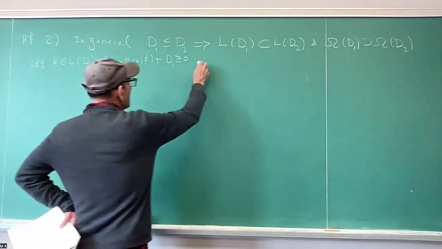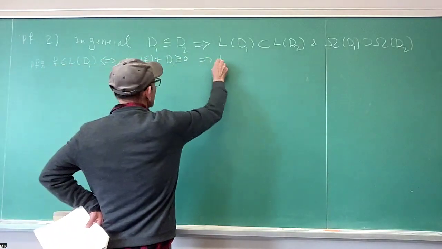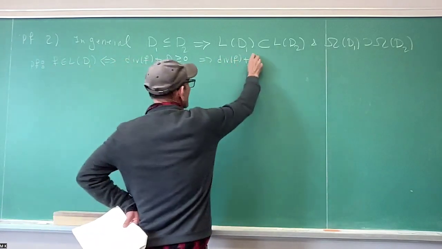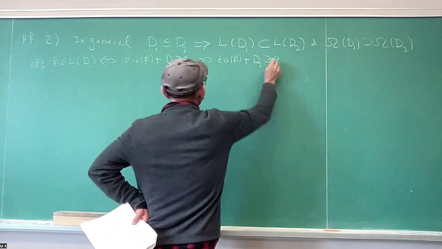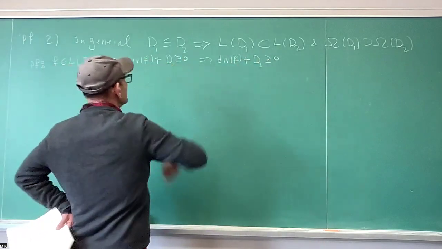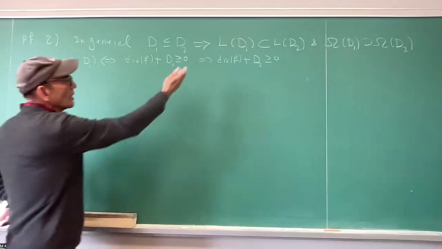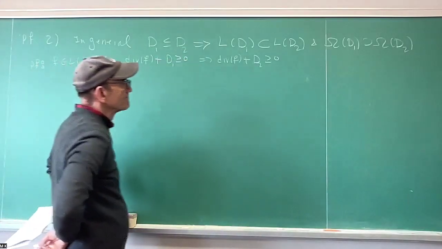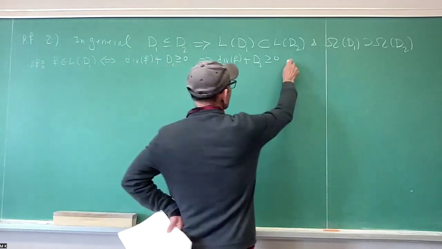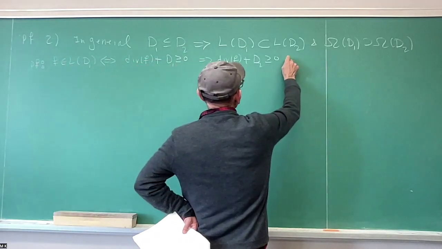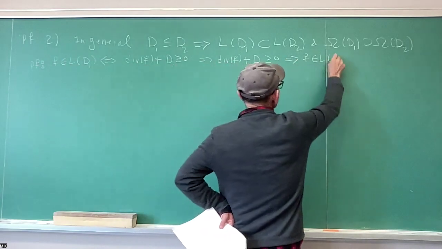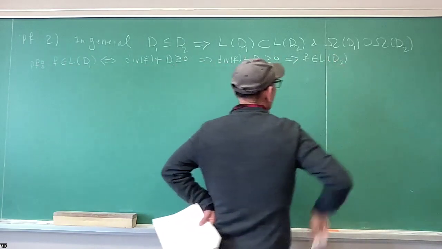Of course, this implies that the divisor of f plus D2 is also bigger than or equal to 0, because D2 is bigger than or equal to D1. If this is positive, you just add something positive to it. So this implies that f belongs to L of D2.